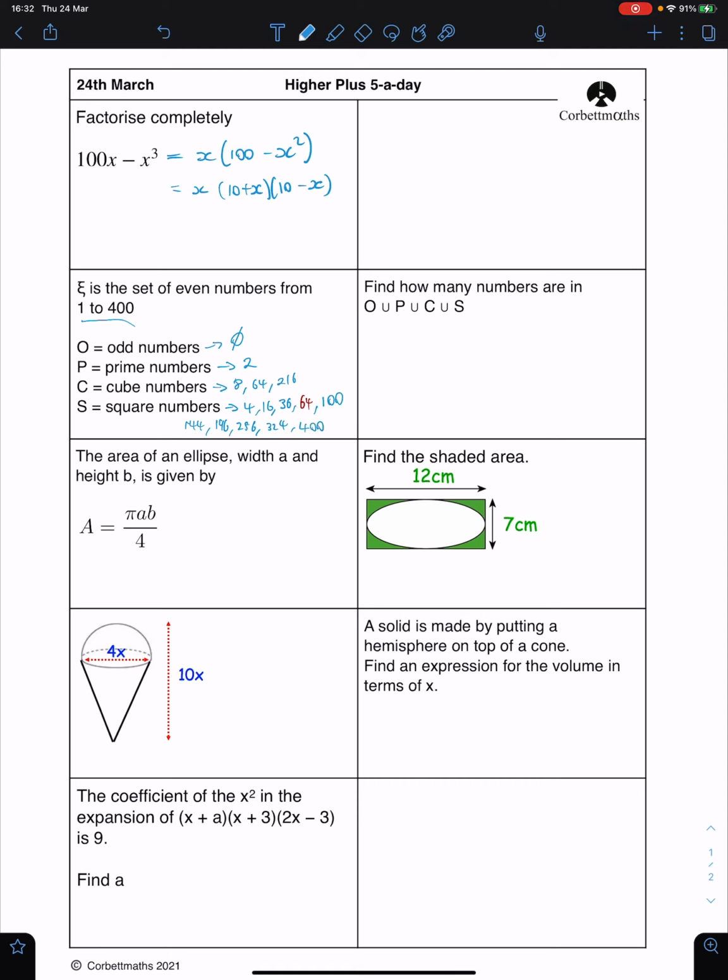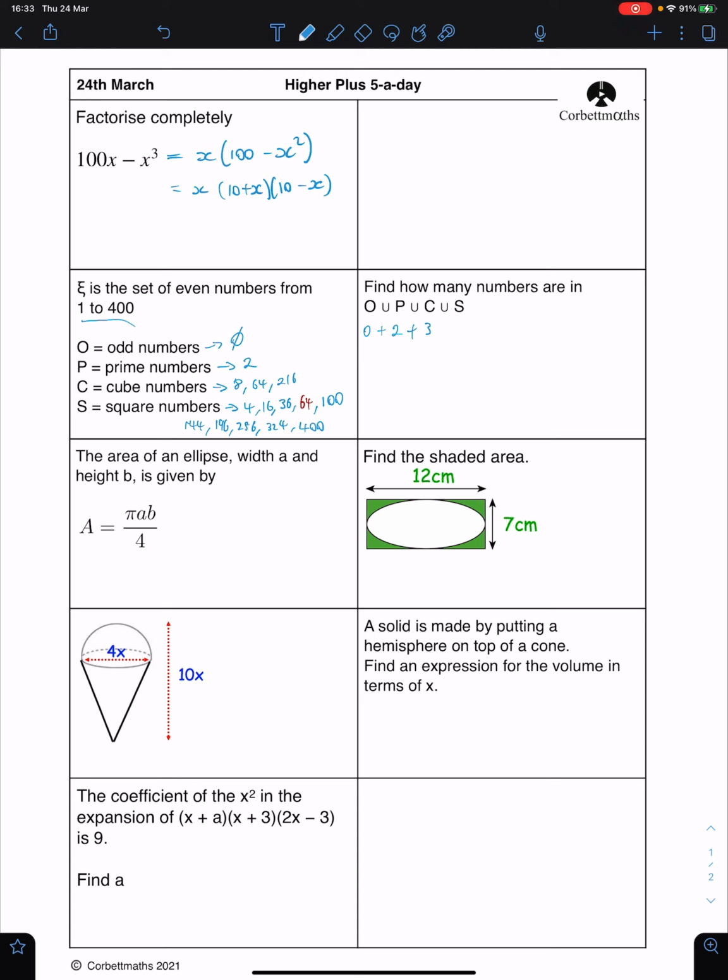And it says, find how many members are in O union P union C union S. Union is that less strict one, so it kind of means or. With odd numbers, well, we don't have any. Prime numbers, we've got 2, so 0 plus 2. For the cube numbers, we've got 3.